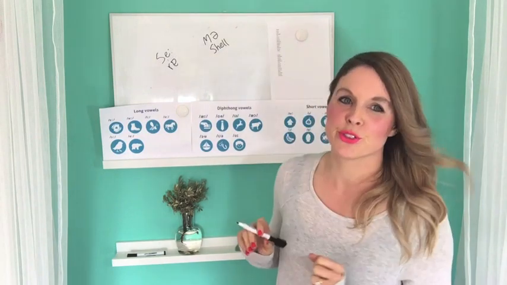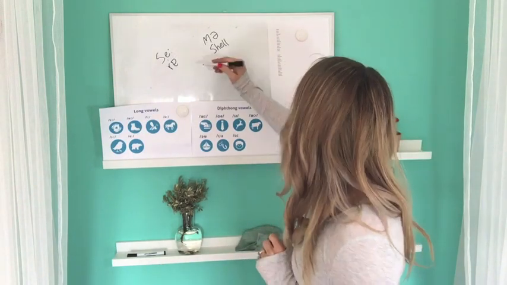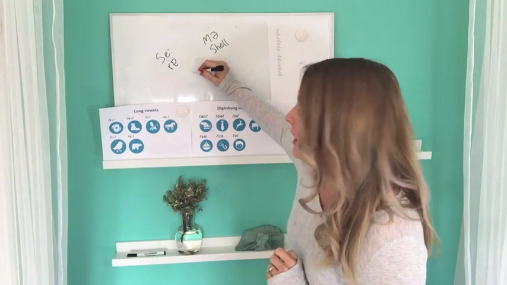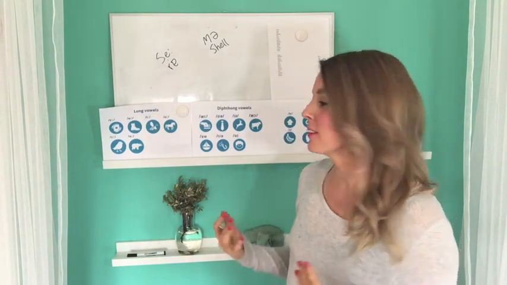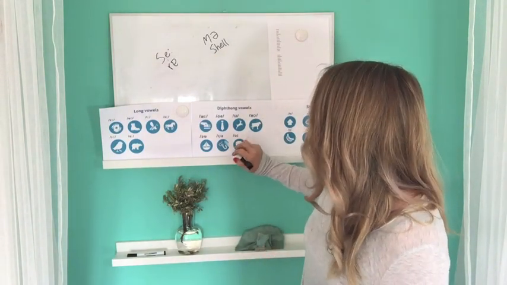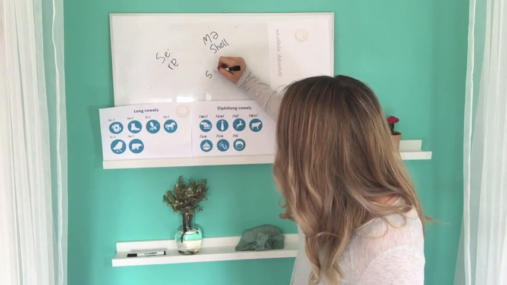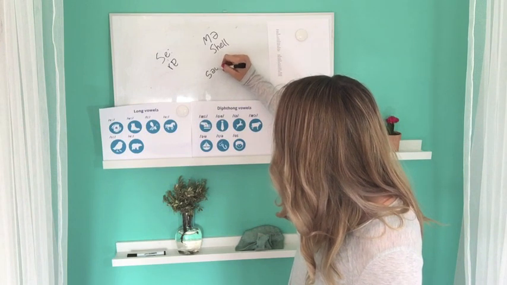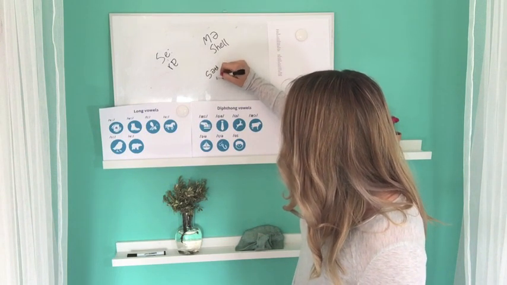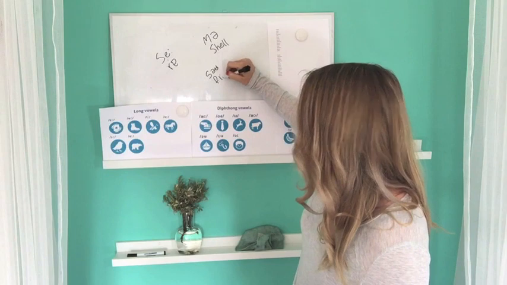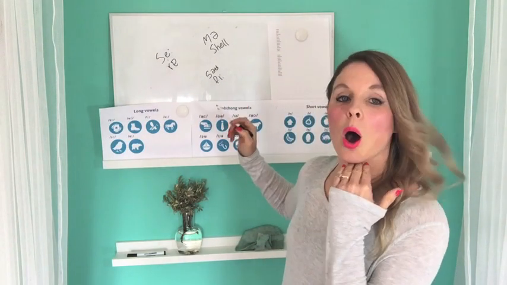Then we have Sophie. Even though it's a short name, it is complex in its structure because we have the diphthong O, and then the long vowel E at the end.